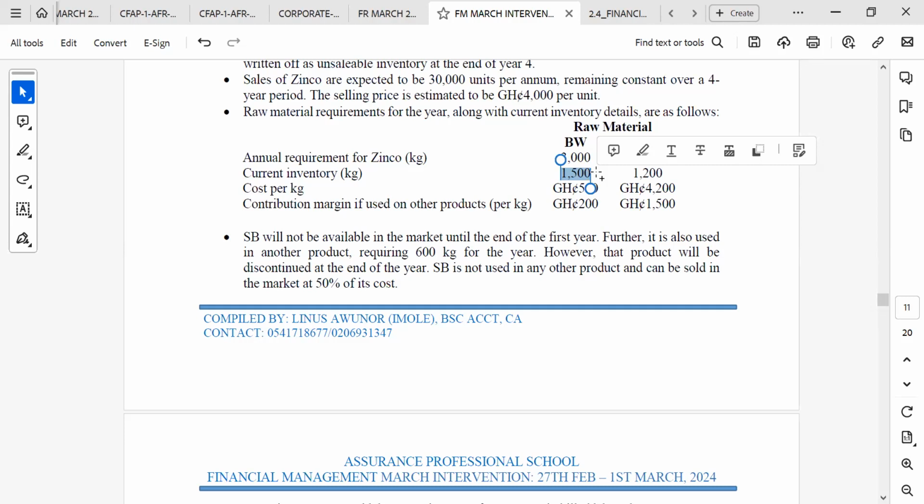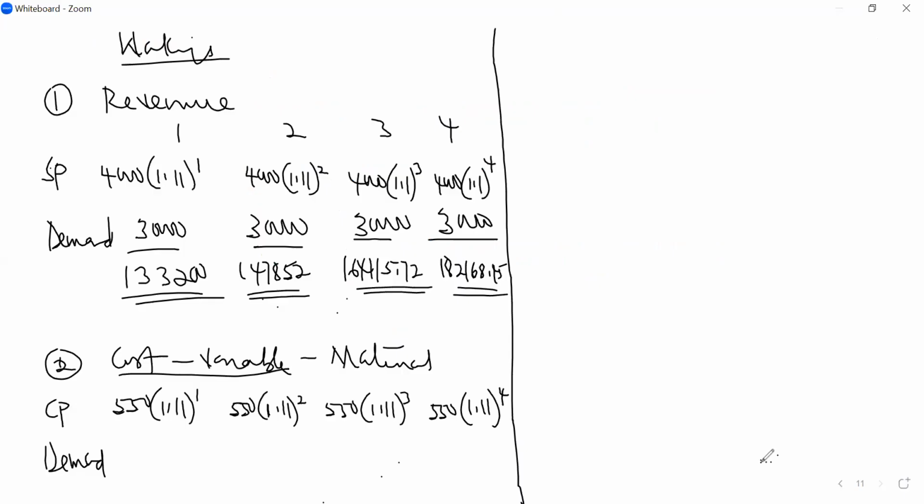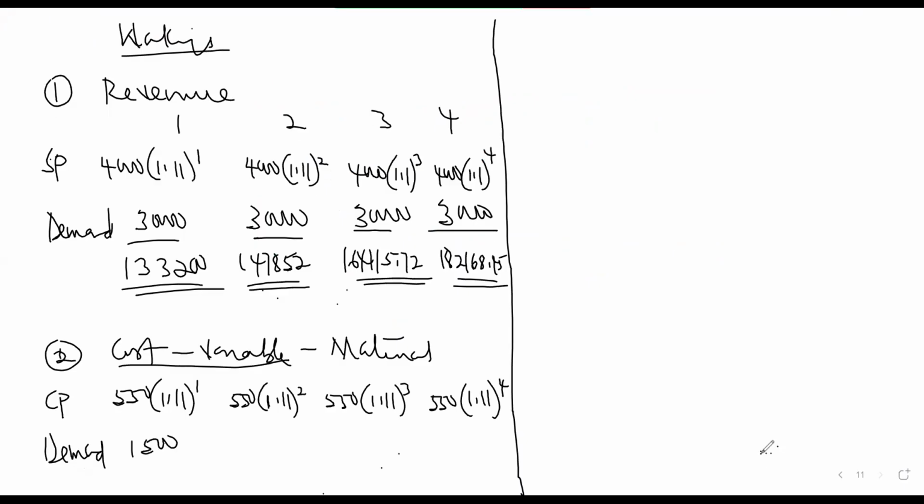But we need to buy additional ones. How much do we need to buy? 1,500. So we bring only 1,500 to the first year. Okay, so we pay for only 1,500. We do this one based on relevant costing. We use relevant cost. The 1,500 has already been purchased. Whether we want to produce or not, it has been purchased. It's not part of a future cash flow.